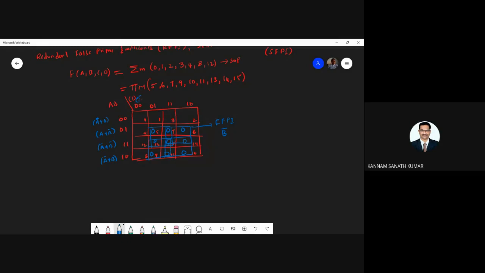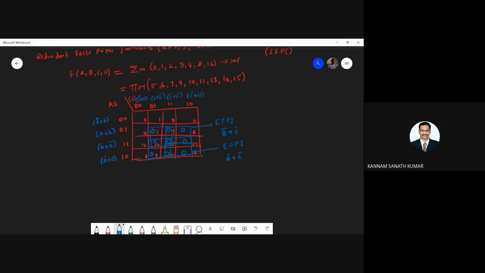And next is C bar, C plus D, C plus D, C plus D bar, C bar plus D bar, C bar plus D. So if you see, B bar is common, so B bar plus C bar. Again, next, this is also one essential false prime implicant. So if you write, A bar is common, A bar plus C bar.